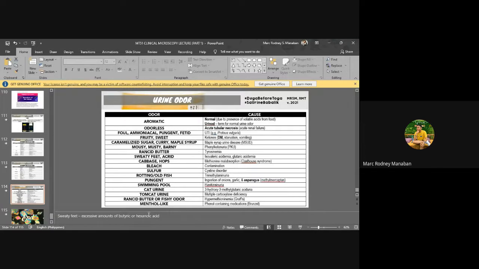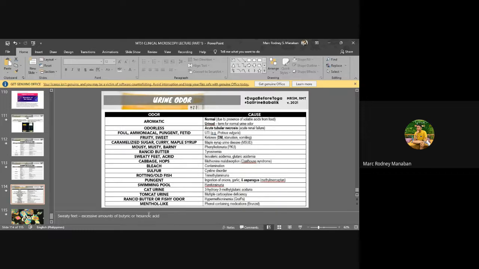Bleach is contamination. Sulfur is a cysteine disorder. Rotting fish is trimethylaminuria. Swimming pool, smelling of chlorine, is Hawkinsinuria. And menthol is for those taking phenol-containing medications. So that's for urine odor.